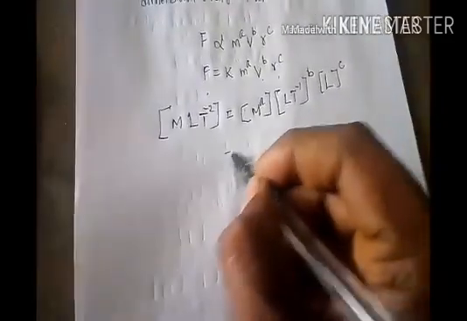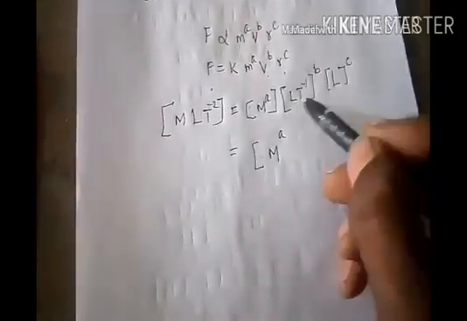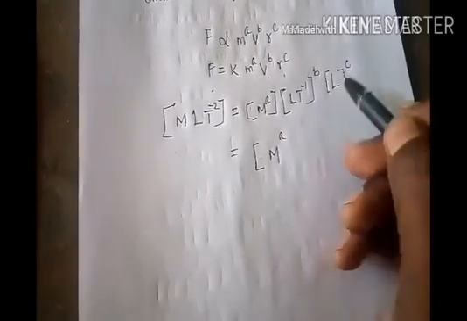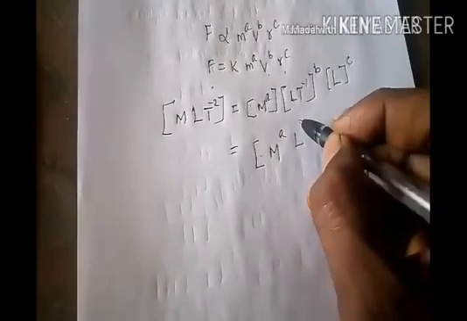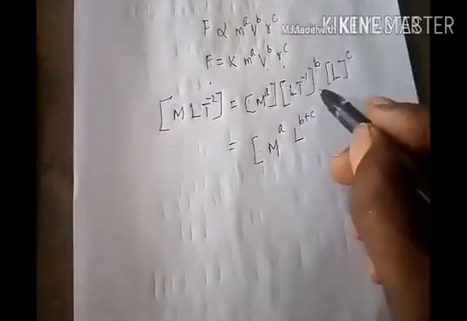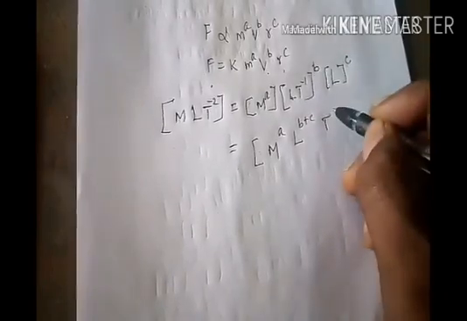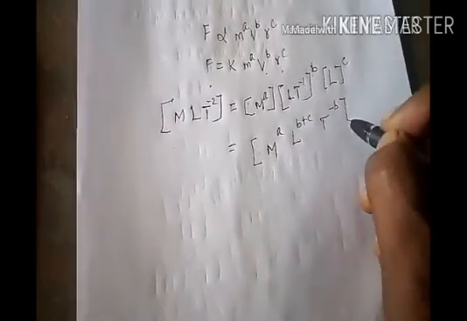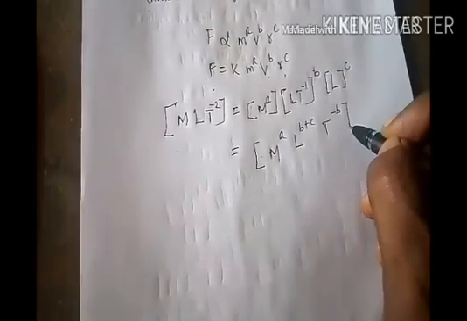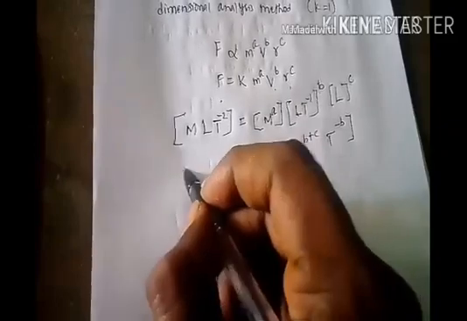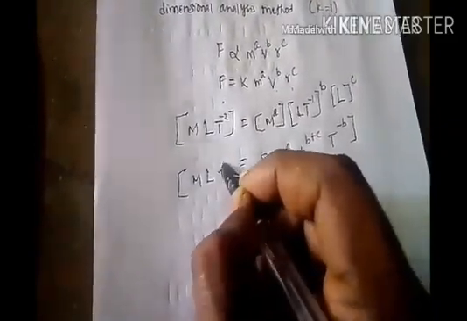So here M power a, L power b, L power c. So the L power is b plus c, then T power minus 1 into b, that is minus b. So we get M L T power minus 2.